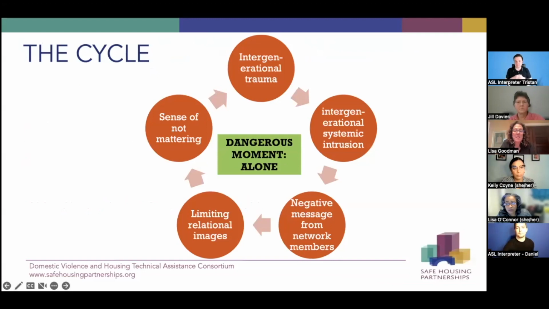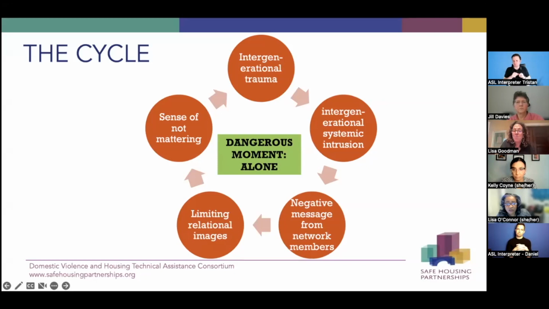So looping back to the top, what I've tried to show you is that there was a very powerful set of themes in the interviews we did, where most survivors described this damaging cycle of intergenerational trauma and early systemic intrusion, followed by negative messages from networks alongside their own limited perspectives on relationships, these limiting relational images, all leading to and following from a sense of not mattering to anyone.